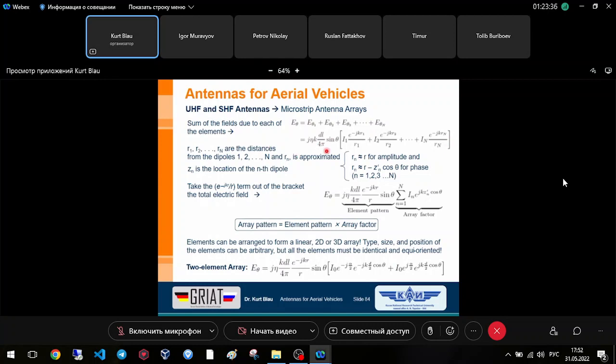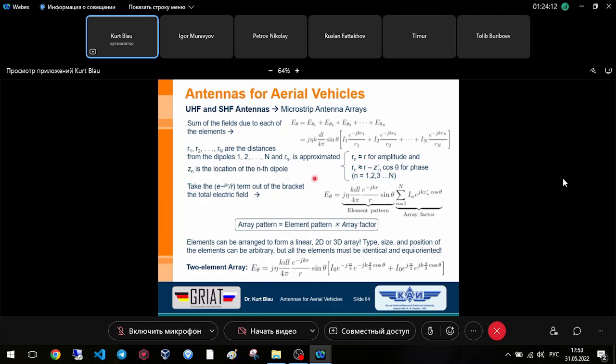Because the observation point is very far away from our array, we can apply a general R for amplitude, and for the phase we have to consider the difference between the distances to the single elements. So we can make the following conclusion.